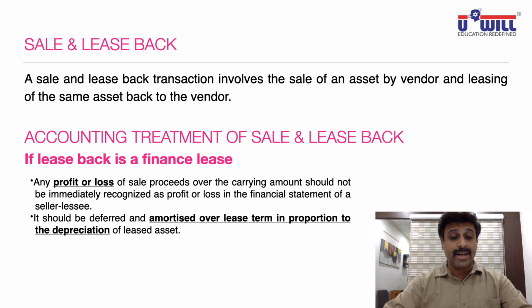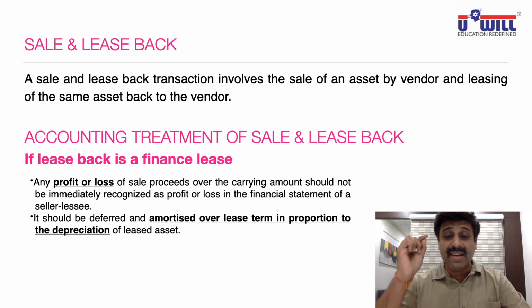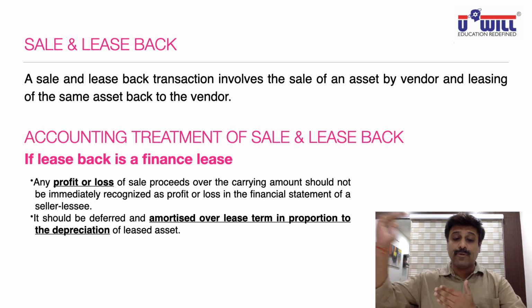So once again, look at it. Any profit or loss of sale proceeds over the carrying amount, that is book value, should not be immediately recognized as profit or loss. Means the entire amount, don't take it in the P&L account immediately. Then what should be done? Next sentence, it should be deferred. Deferred means taken to future years.